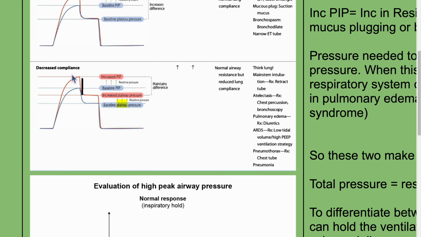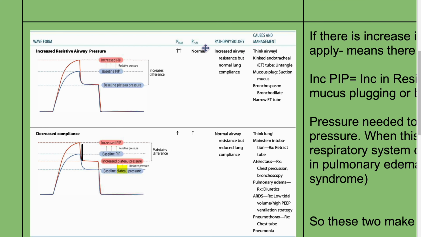Now, how do you check if it's decreased compliance? There will be an increase in peak and an increase in plateau in this case. The baseline plateau has increased as well.